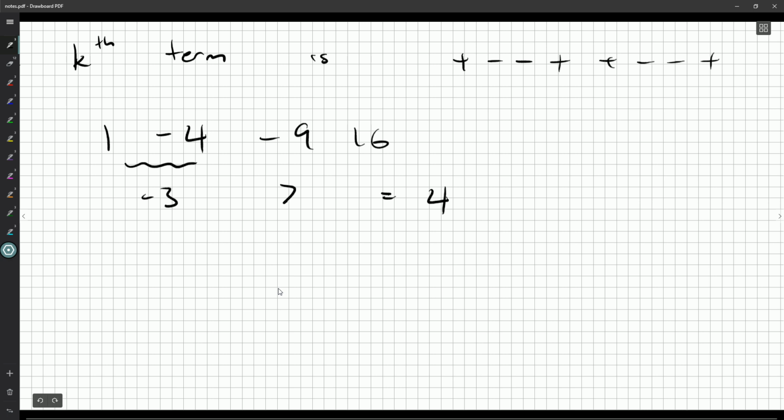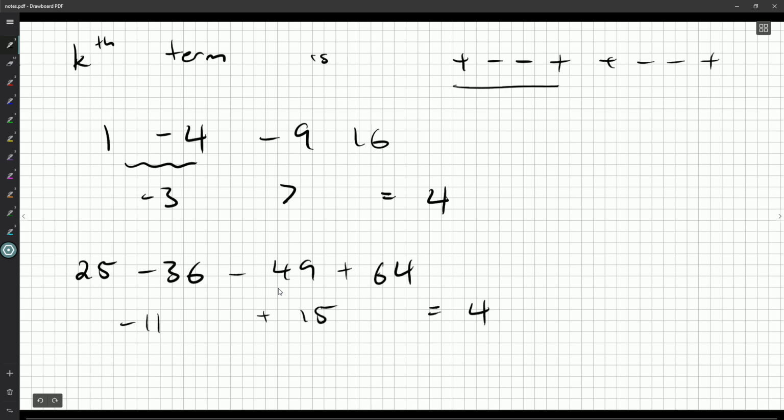And that adds up to 4. Okay. Then next we'd have 25 minus 36 minus 49 plus 64. And the difference of those two is negative 11, and the difference in those two is positive 15, which adds up to 4 again.